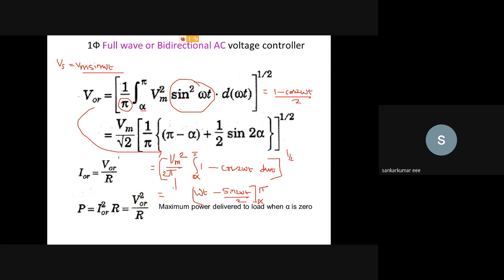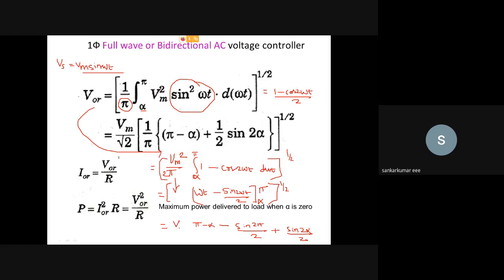The remaining term Vm square by 2 pi will be the same, and the power of 1 by 2 will be as it is, and we have to substitute the limit. It is pi minus alpha, minus sin 2 pi divided by 2, minus of minus, plus sin 2 alpha divided by 2.